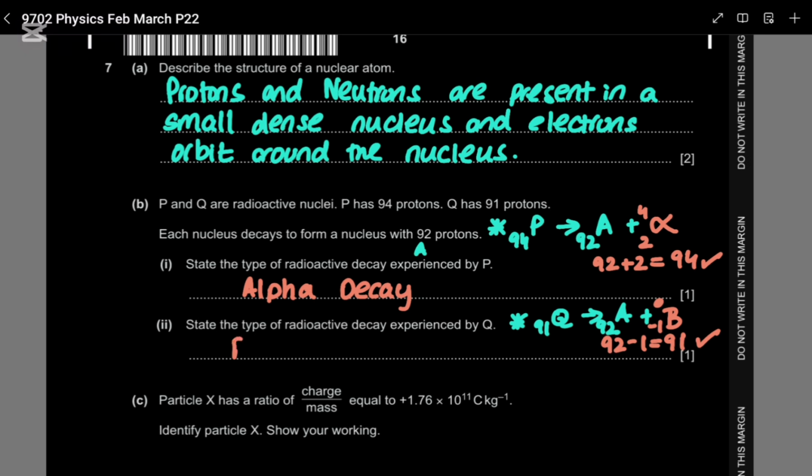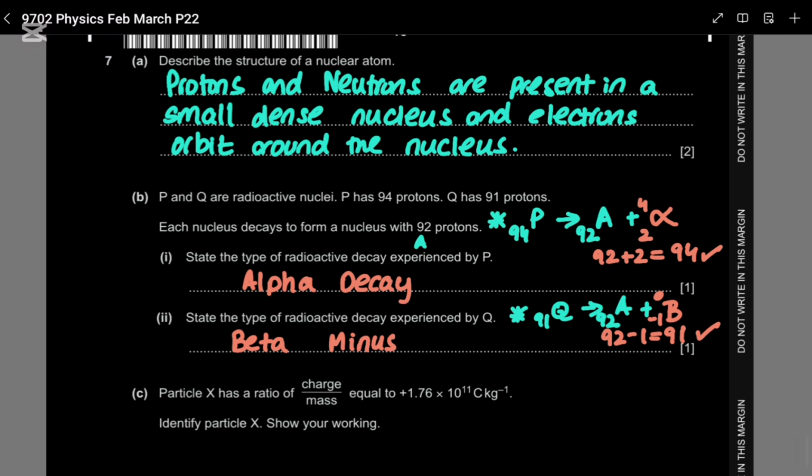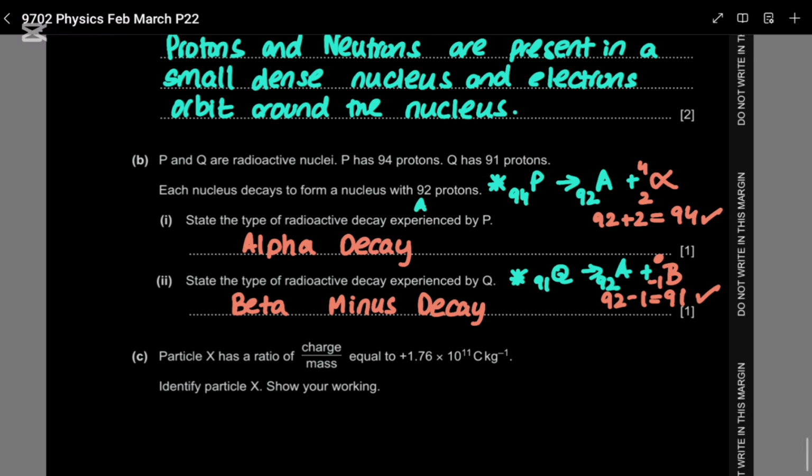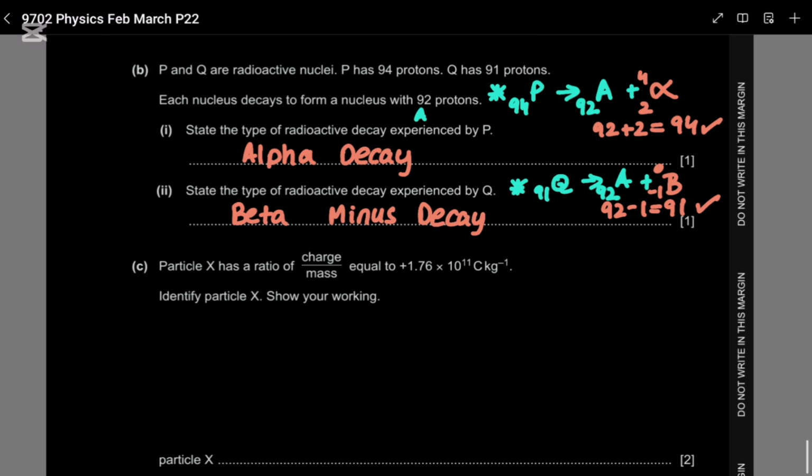So we have to write beta minus. I think they just want us to state the type of radioactive decay, so beta would be enough, but it's better to write beta minus. The examiner won't deduct marks for anything that is extra, but if something is less you won't get the marks, so it's better to write beta minus decay.